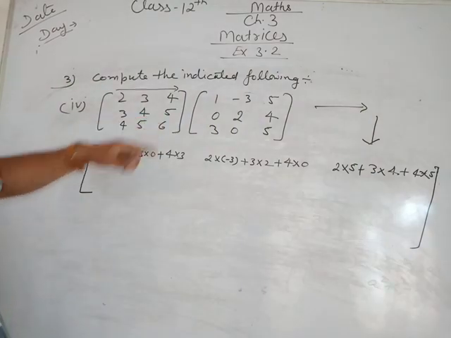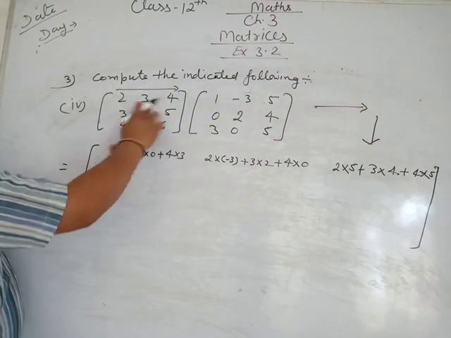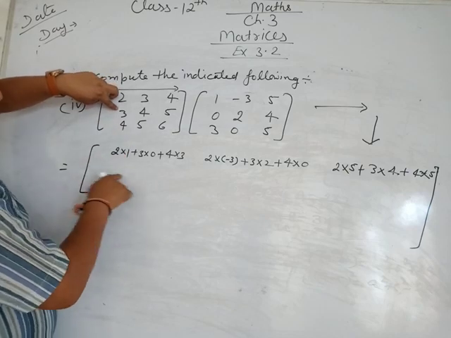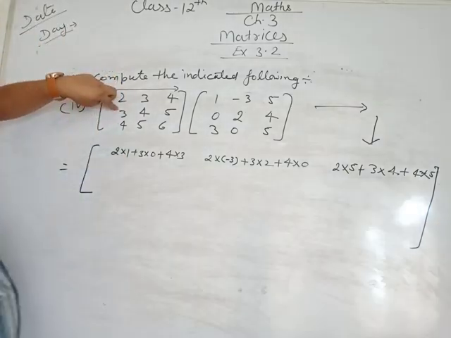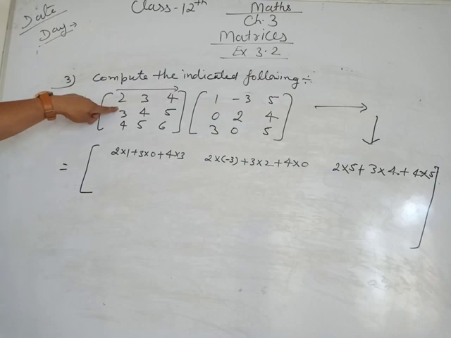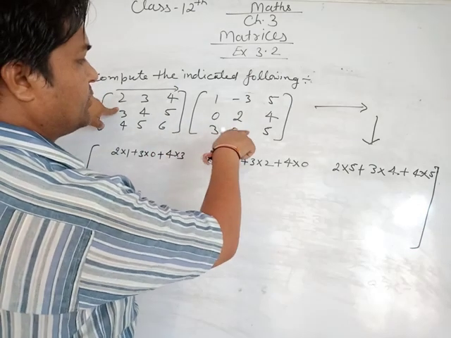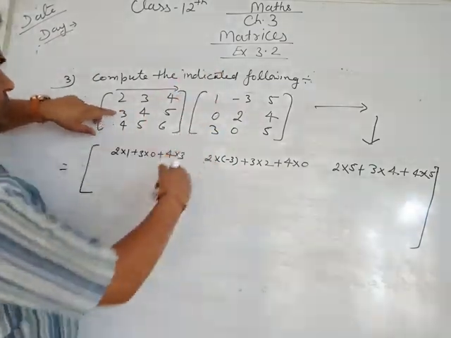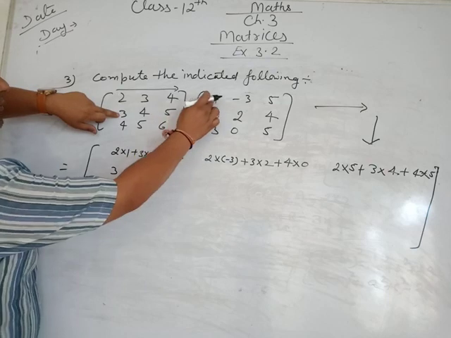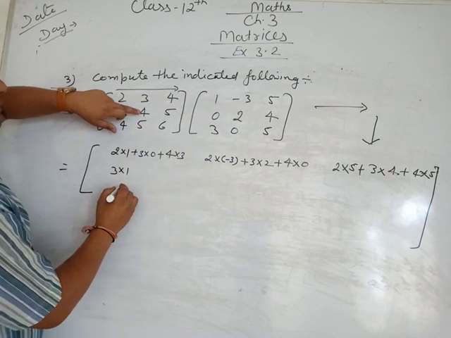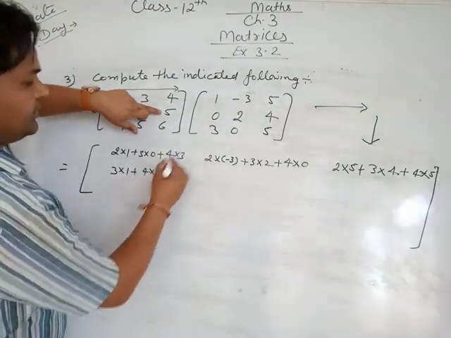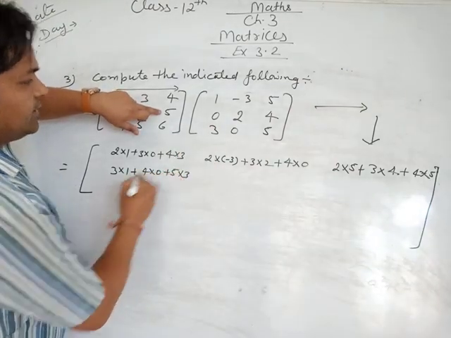Now for the elements of the second row, we will take the second row and multiply it with the columns. 3 multiply 1, 4 multiply 0 plus 5 multiply 3.